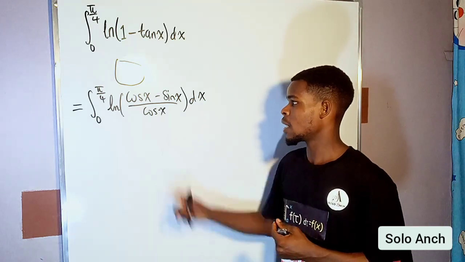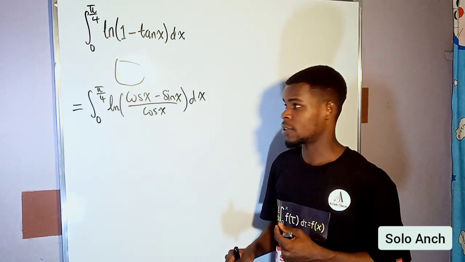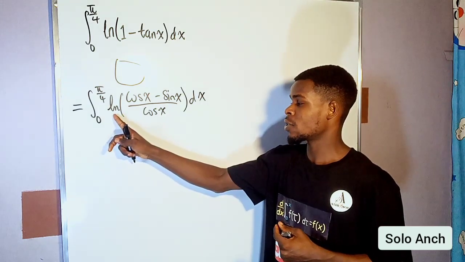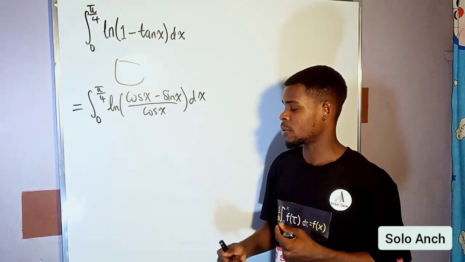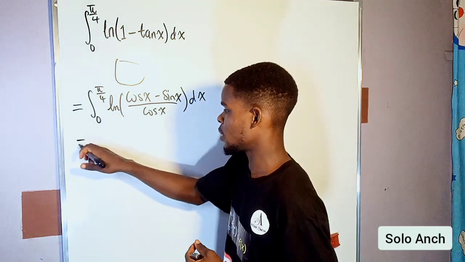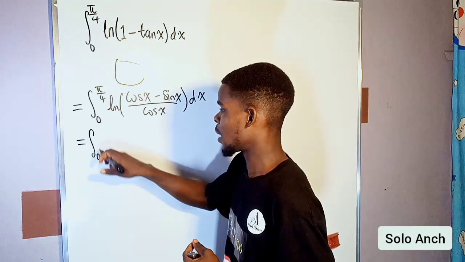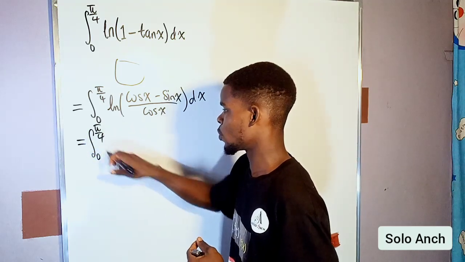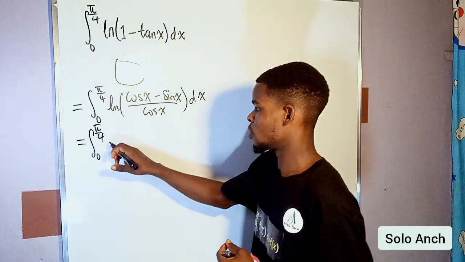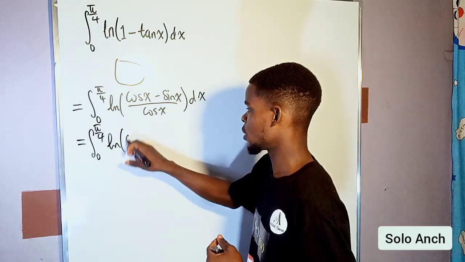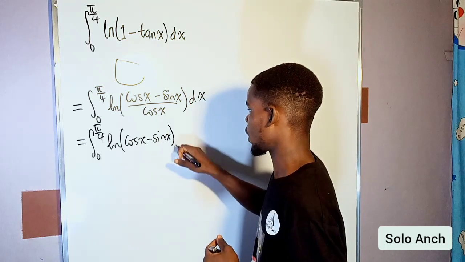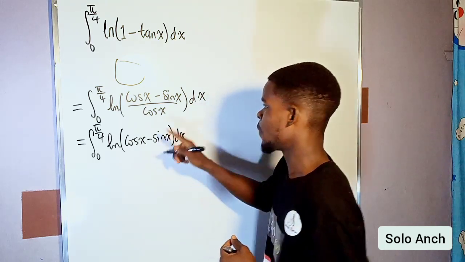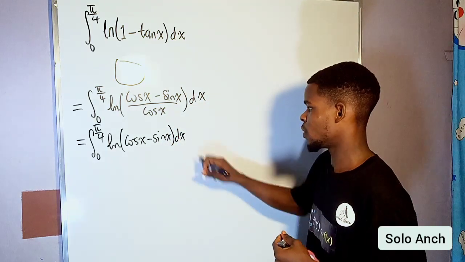From here I'd like to split the integral into two, using the fact that the difference of natural logarithms will give us the natural logarithm of the ratio. So I can write this as the difference of the natural logarithms, and use the same step to split the integrals. This is going to become the natural logarithm of the numerator, which is cosine of x minus the sine of x, then I'll put the dx right here, then minus the natural logarithm of the denominator.